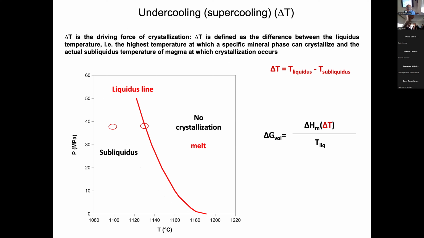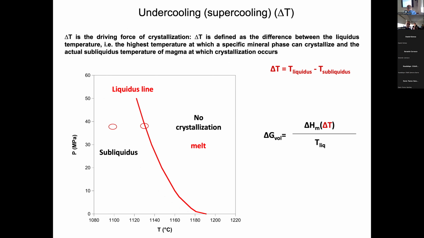This is the liquidus that we constrained yesterday for plagioclase, olivine, clinopyroxene, and so on. Above the liquidus there is just melt. Below the liquidus, it's subliquidus condition where this phase will be in equilibrium with the melt.